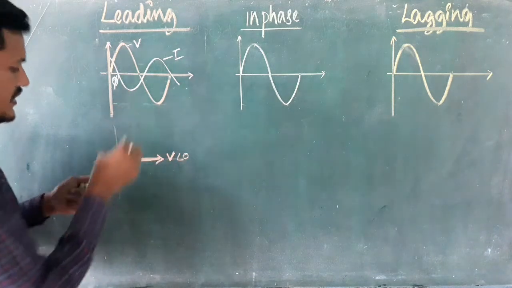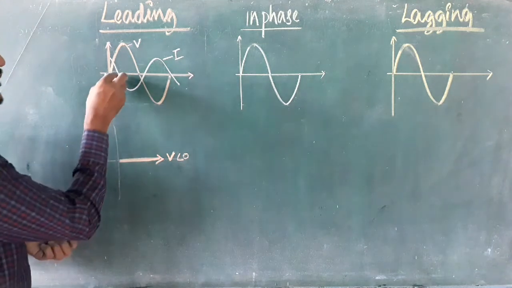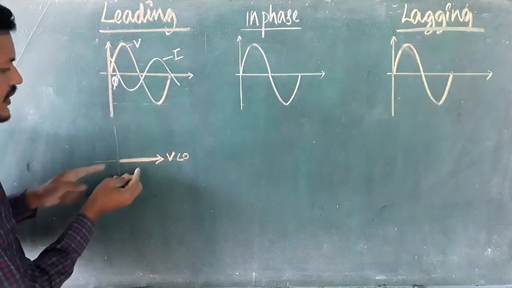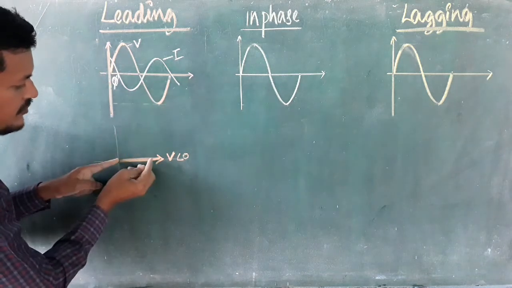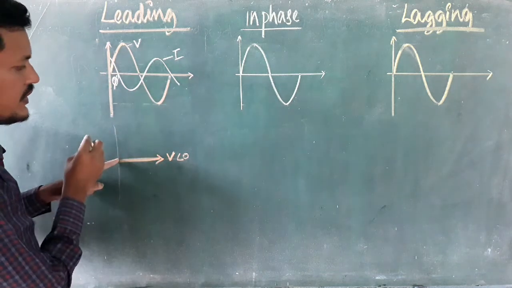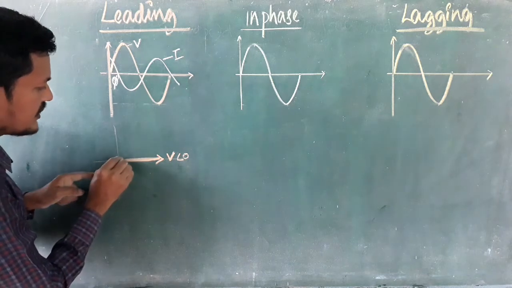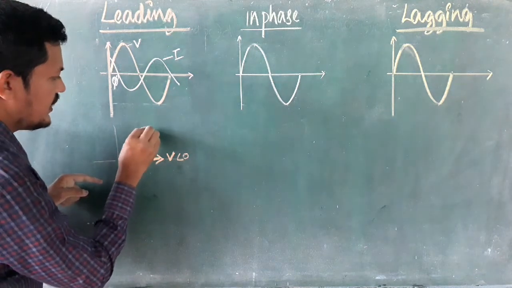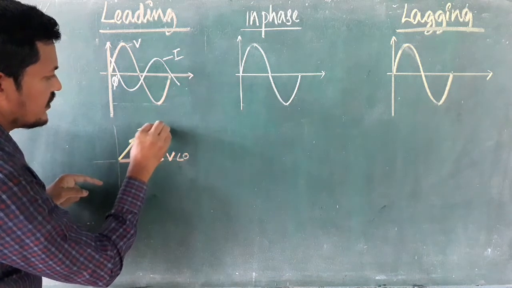Next is the current. The current is leading by phi degrees, and leading means a positive angle, so it comes here. This is the current waveform phasor: current I at an angle phi.